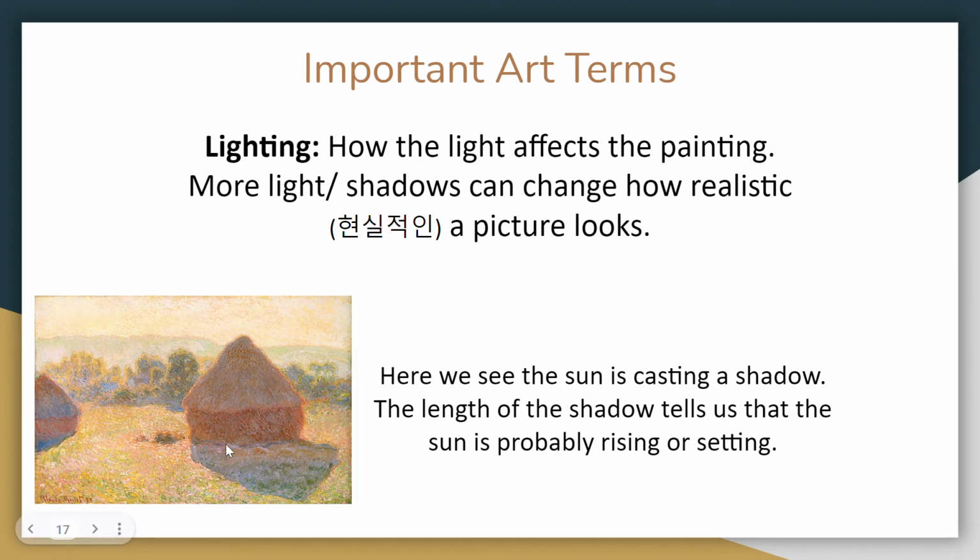This shadow seems rather long, so we know the sun is near the horizon, so the sun is either setting, it's evening, or maybe the sun is rising, it is the very early morning. I like to think that the sun is rising, and it's a beautiful early morning when this was painted. That seems quite nice to me.